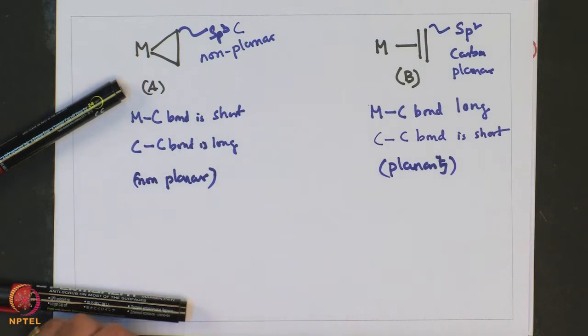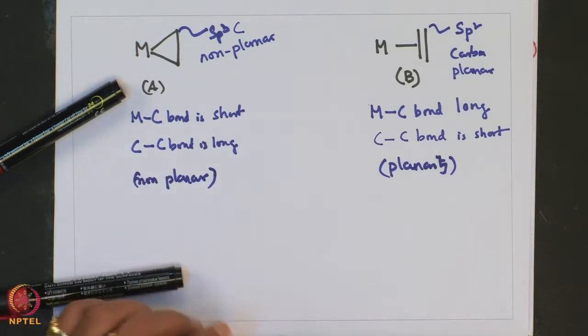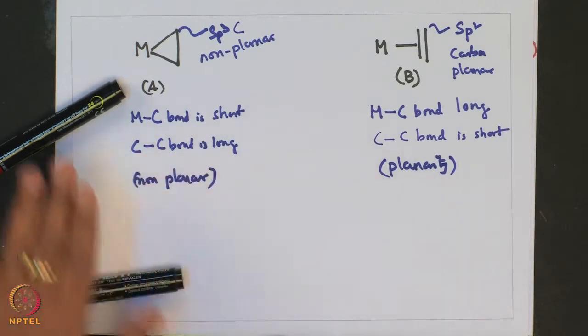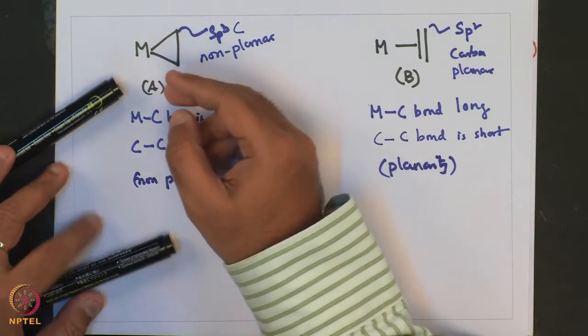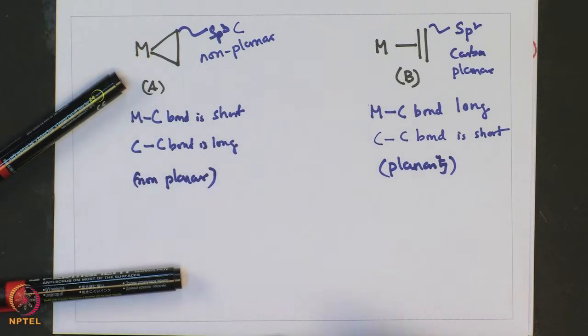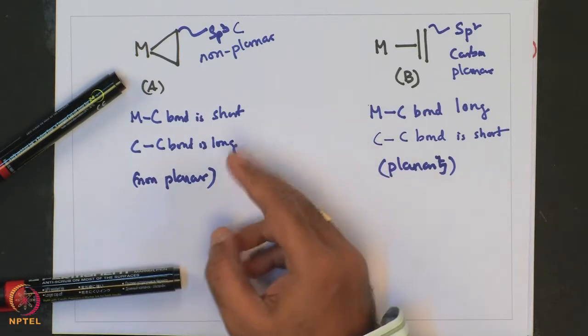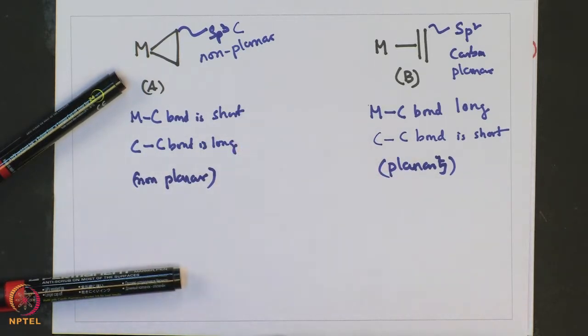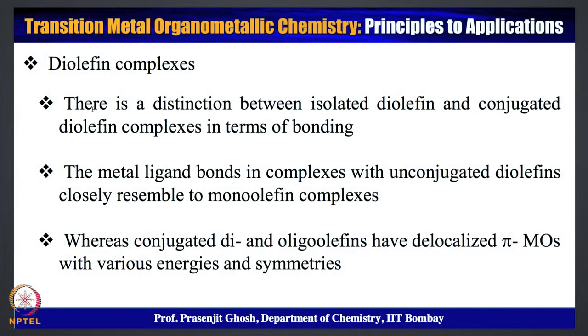Okay. So, now any deviation from planarity to non-planarity is affected by the metal to ligand pi back donation, which results in formation of the non-planar structure. Now, with that we will move on to a new topic after finishing up the reactivity and bonding aspects of metal olefin complexes.